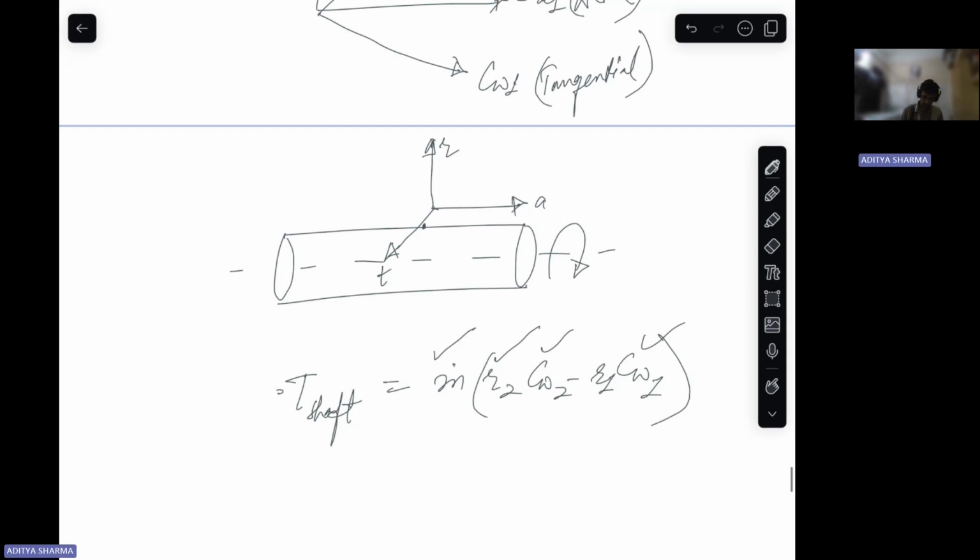If you have to relate enthalpy and power for a compressor, it will be this: C omega 2 minus omega.